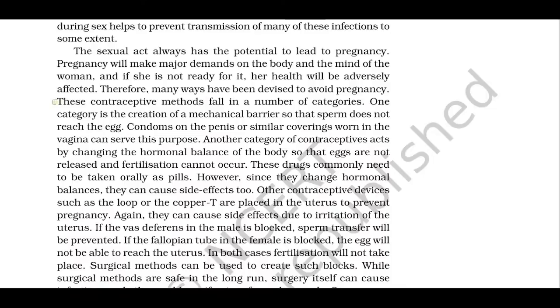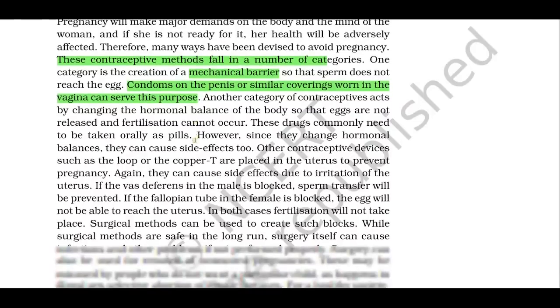So the methods to avoid pregnancies, the contraceptive methods, one of the categories is mechanical barrier, so that the sperm does not reach the eggs. Condoms on the penis or similar coverings worn in the vagina can serve this purpose. That is an example of mechanical barrier.